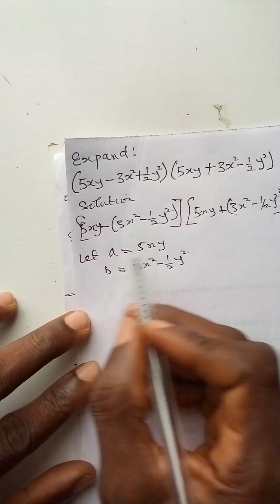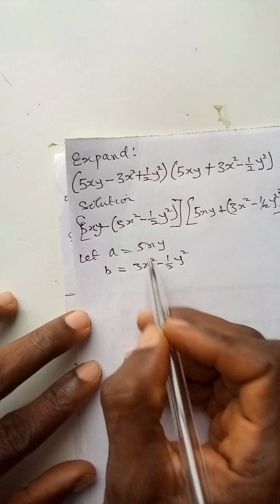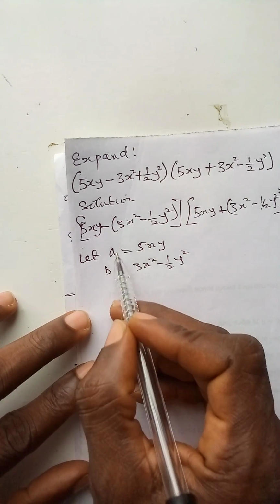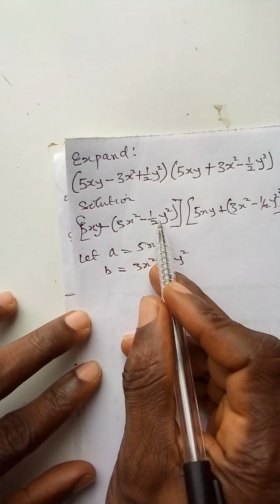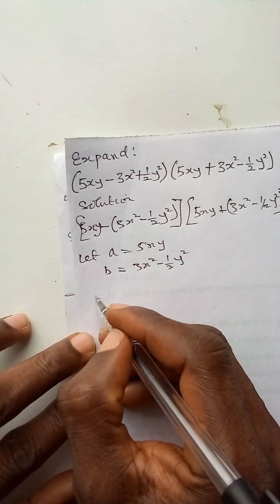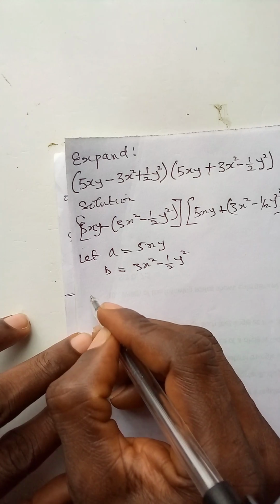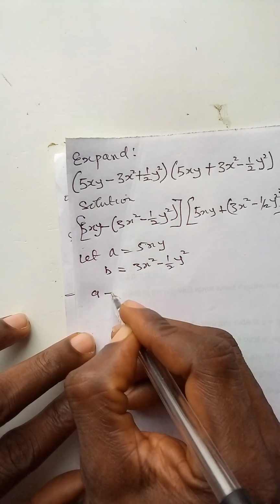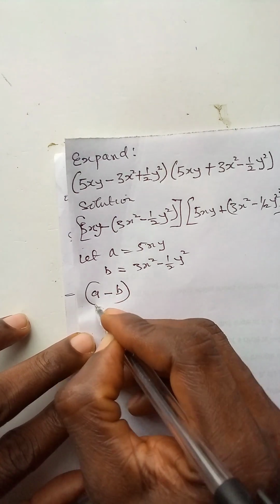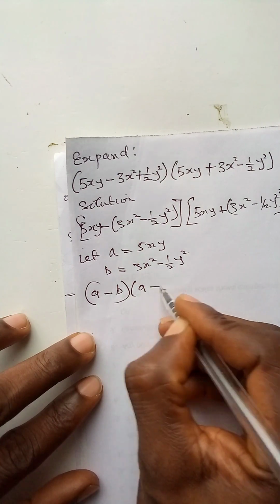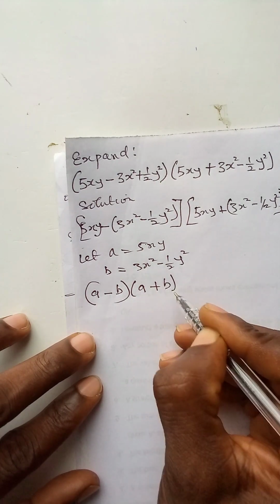Now, if we put in a and b for these expressions in the brackets, it will become easier to handle. So we have a minus b in the first bracket and a plus b in the second bracket.